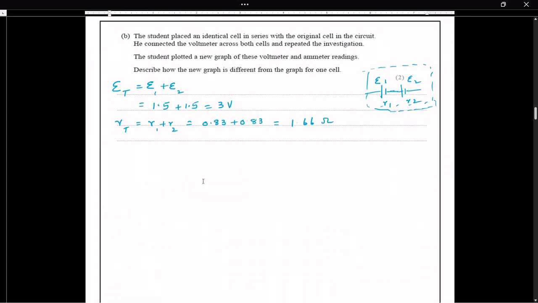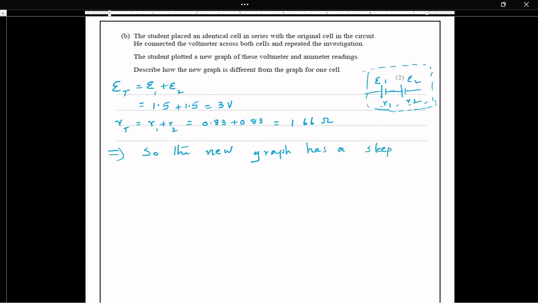So we can write as a conclusion: the new graph has a steeper, higher gradient, and the y-intercept has been doubled.